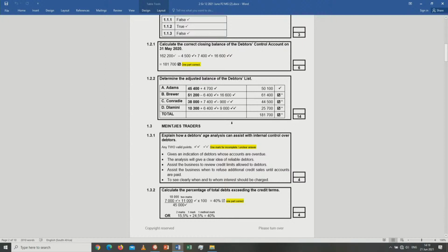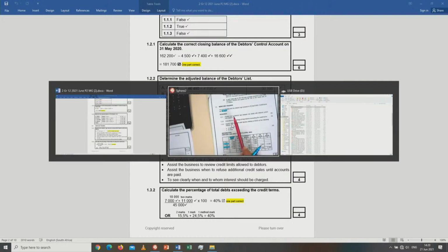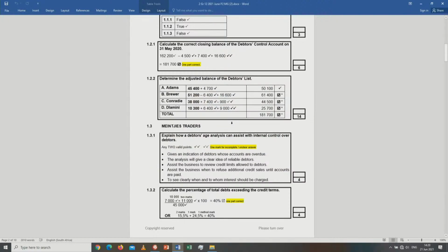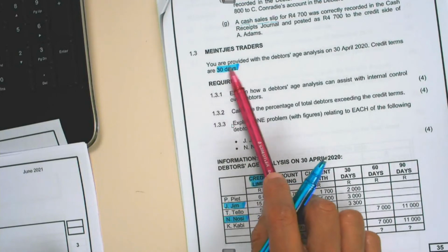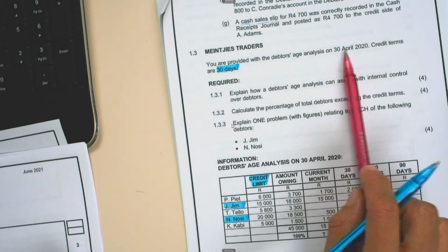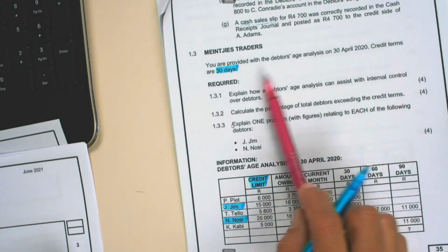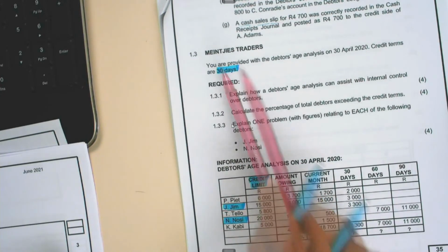Right, let's look at 1.3. Explain 1.3.1. Let's go to my document camera. Okay, you are provided with the debtor's age analysis on the 30th of April, credit terms 30 days, right?